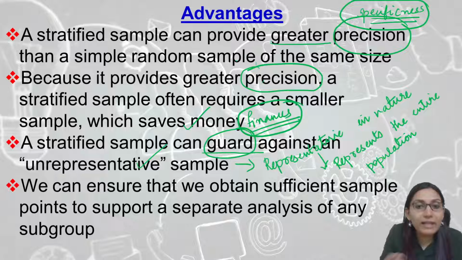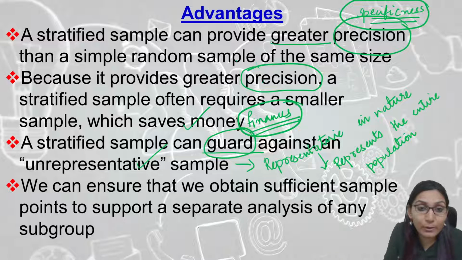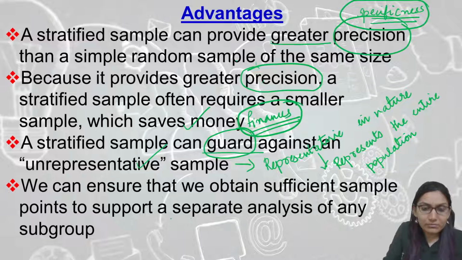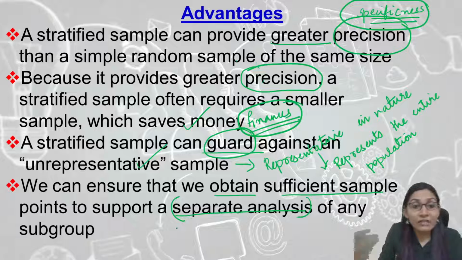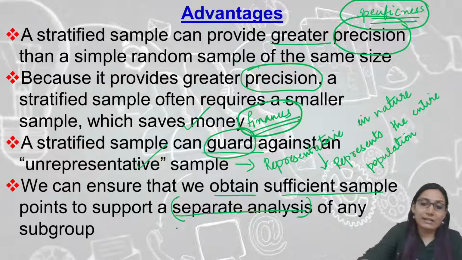We can also ensure that we obtain sufficient sample points to support a separate analysis of any subgroup. So under this kind of sampling, we obtain sufficient sample points to support a separate analysis of any subgroup.